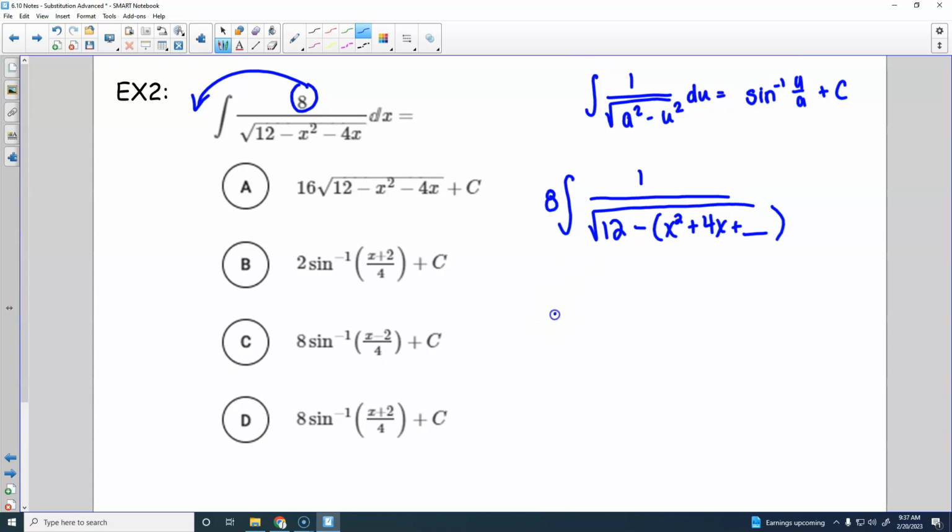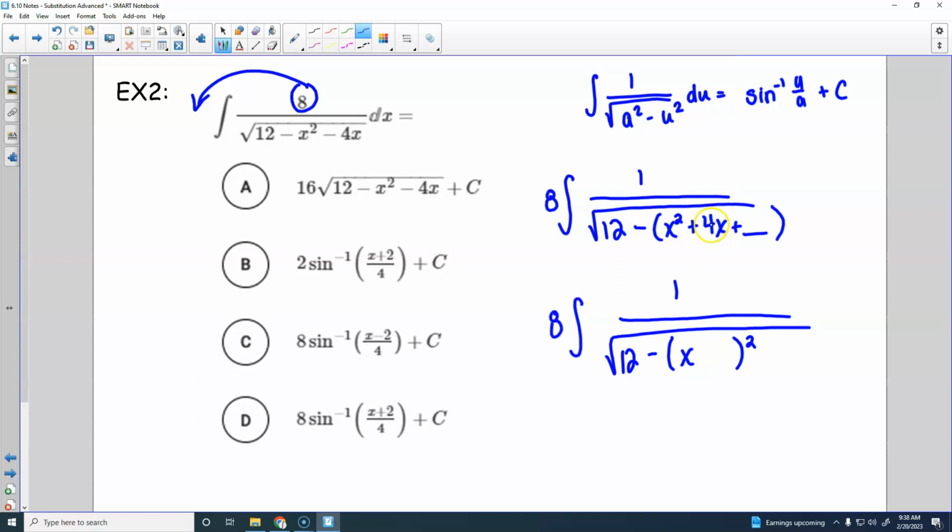Okay, so what we want here is 12 minus x plus something squared. We want this to be a term that is squared, so we are going to complete the square to make that happen.